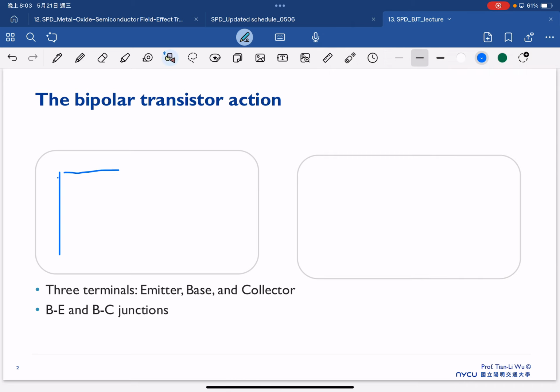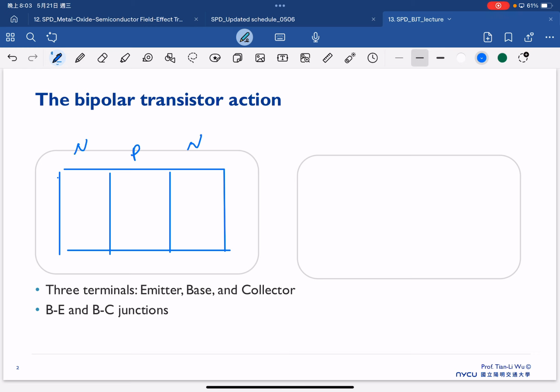On the left-hand side, we consider this an NPN BJT, but it's not exactly NPN; it's a doping concentration of N++, P+, and N here.